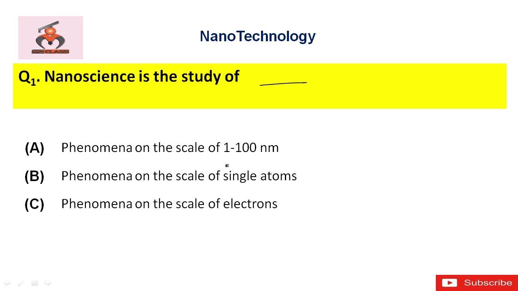When we analyze material in the range of 1 to 100 nanometer, we get very unique properties of the nanomaterial. That's why we are interested. So our correct answer will be phenomenon on the scale of 1 to 100 nanometer.